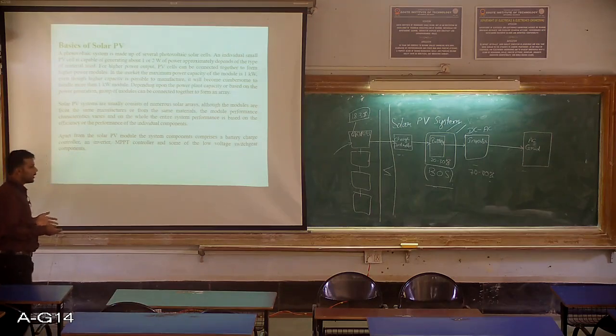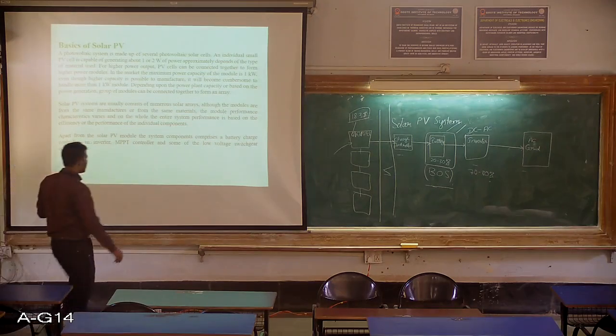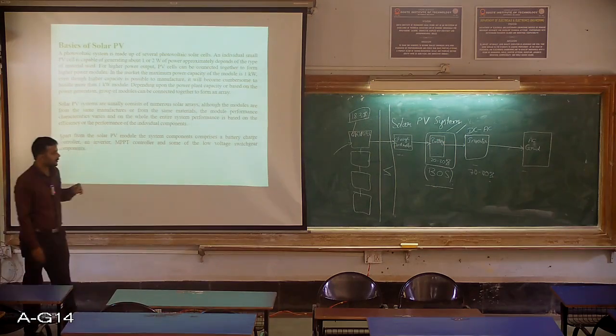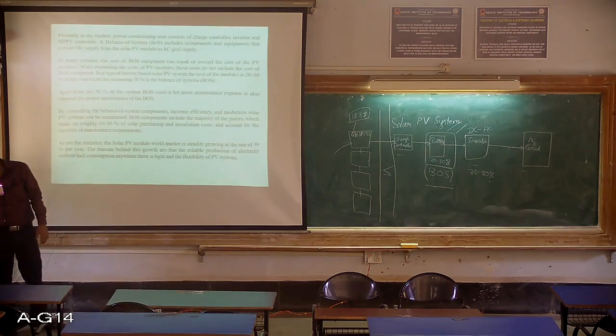And how much is the capacity of each PV module, and then we have discussed the efficiency and performance, how it differs depending on the materials and manufacturers, and then the overall system efficiency, meaning which components exist in a solar system.